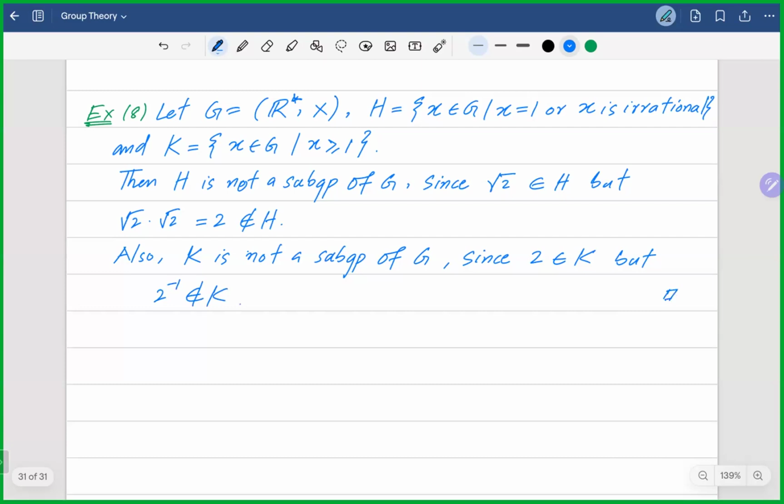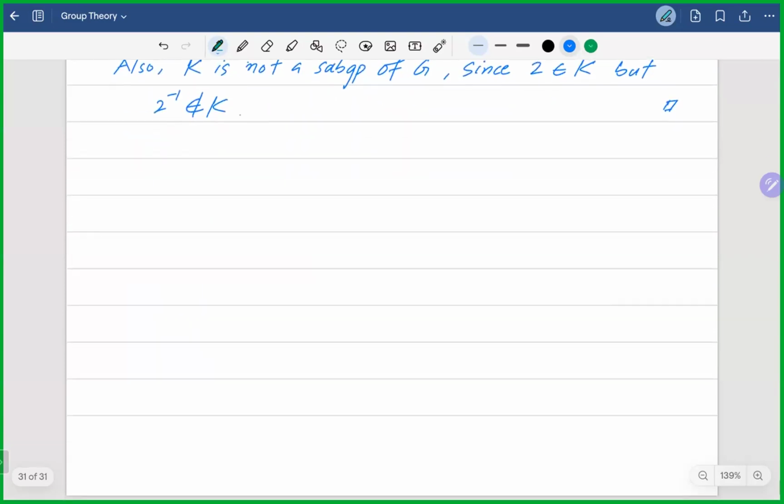Now, when dealing with finite groups, it is easier to use the following subgroup test. The one we will present now in the form of a theorem. Theorem 3.3, which we call the finite subgroup test.